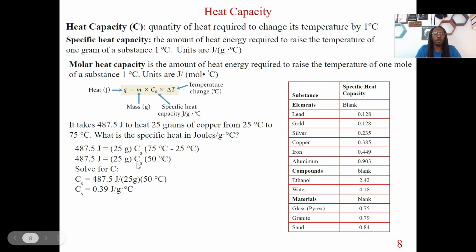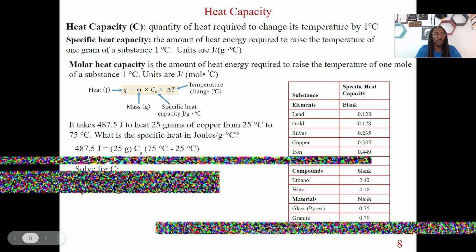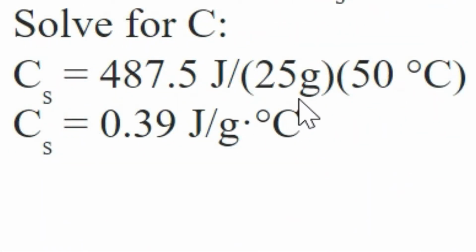Now we just need to solve for our C, okay? And what we do is divide to get our C by itself. So in this case, it's going to be 487.5 divided by 25 times 50. And then we just do our math, and we're going to find out that the specific heat capacity is going to be 0.39 joules over grams times Celsius.